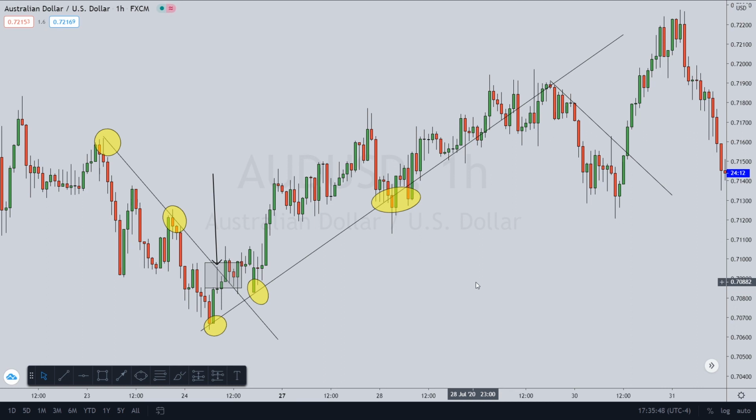Make sure you have at least 2 points to create your trend line, and then see what happens when price is hitting that trend line for the third time. Is it respecting it and rejecting off of it and going the opposite direction, or is it going to break through it and change trend? That is the pivotal moment that you have to figure out before you enter your trade, because you don't want to trade against the market. That's how you lose. So this is how I use trend lines.